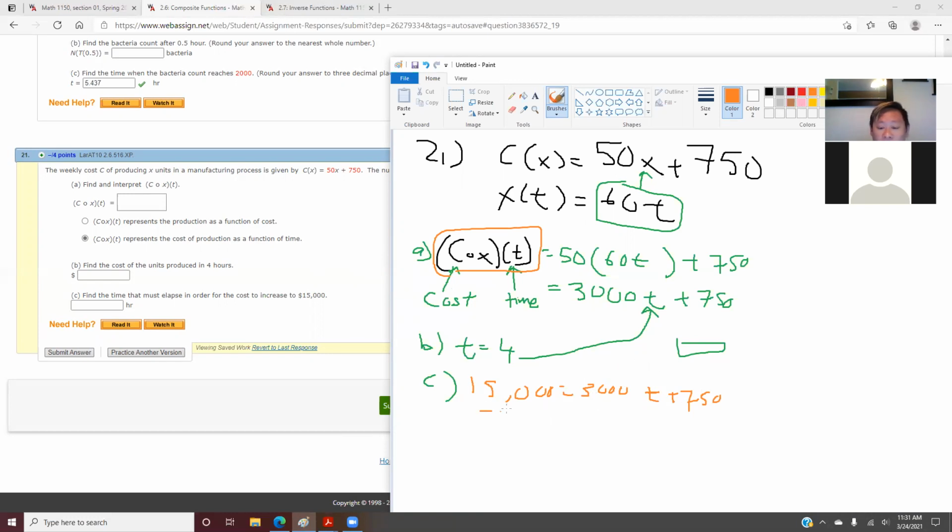So you just subtract 750 and then divide by 3,000, because they only got 3,000. So if you take 1,500, this is easier than the previous one, but it's the same concept. Divided by 3,000, you get 4.75.